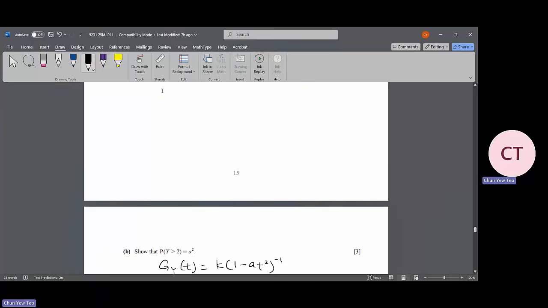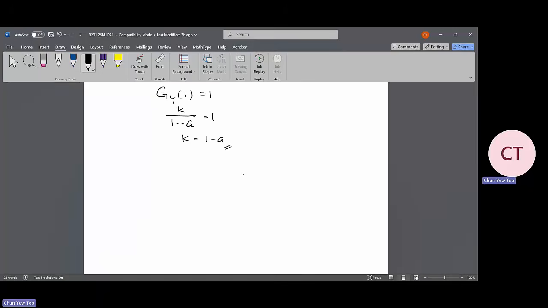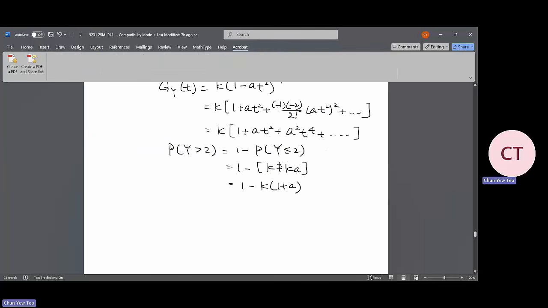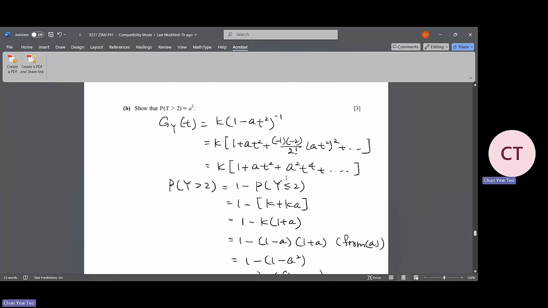And just now we have found that k is equal to 1 minus a. We just need to replace k with 1 minus a, mentioning that it is from part A. So we have 1 minus 1 minus a times 1 plus a, which is 1 minus 1 minus a squared. Therefore, you have a squared, shown. That is the answer for 6B.